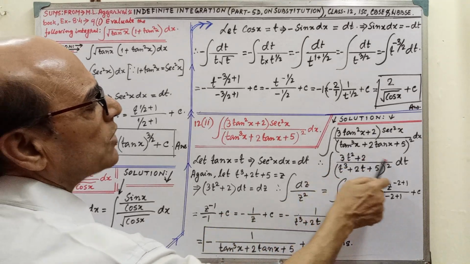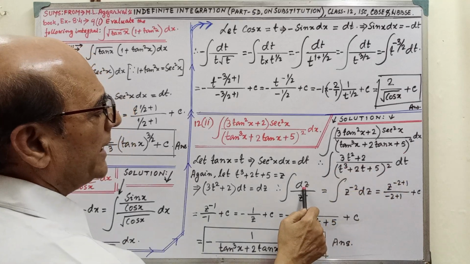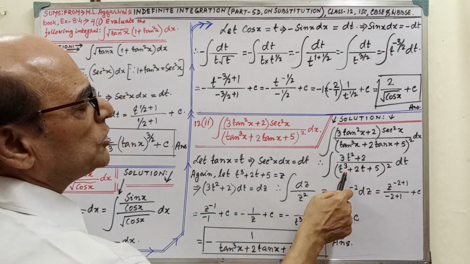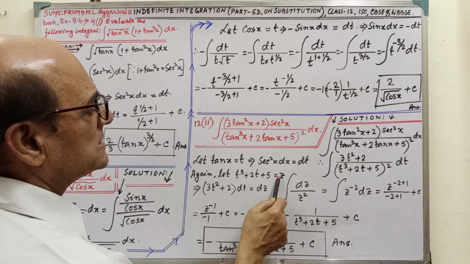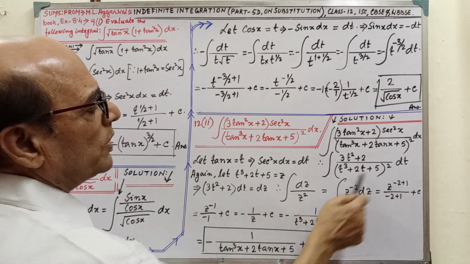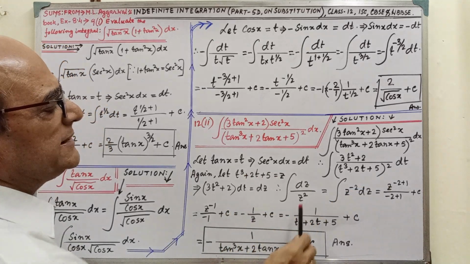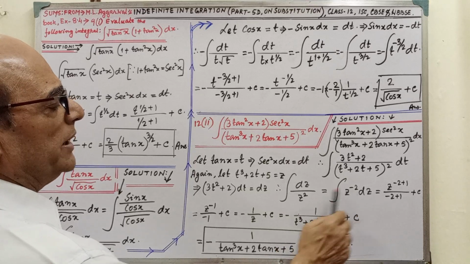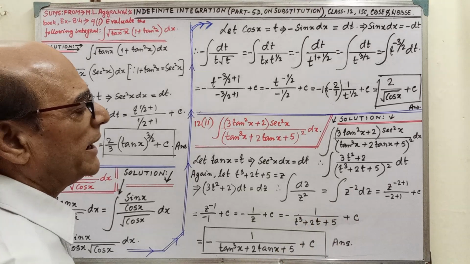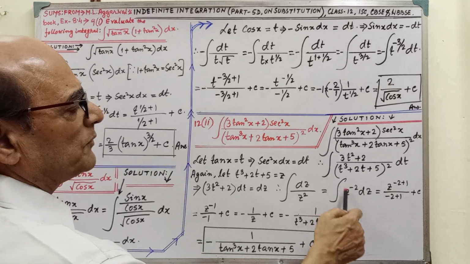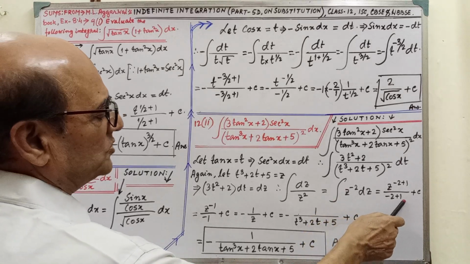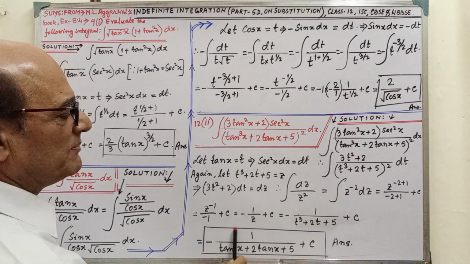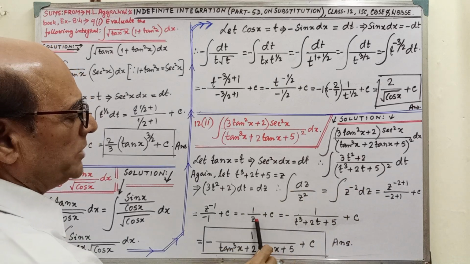That means in place of this we may write dz, and t cube plus 2t plus 5 is equal to z. Here is square, so z square, and this square we are taking from denominator to numerator, so this power will be minus. Now we are getting the frame of formula, then applying the formula we are getting this, then by simplifying finally we are getting this.